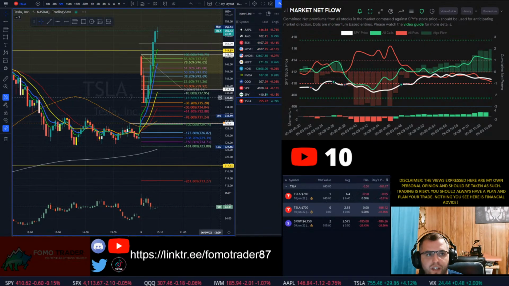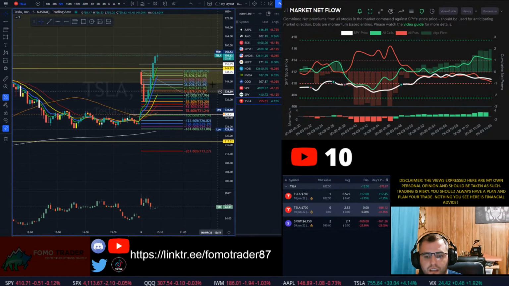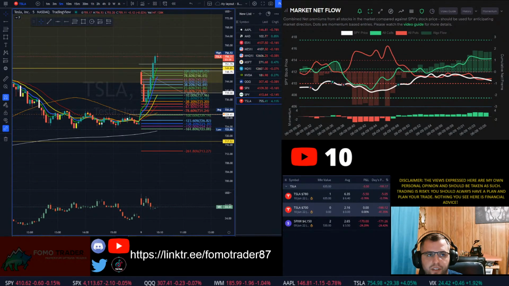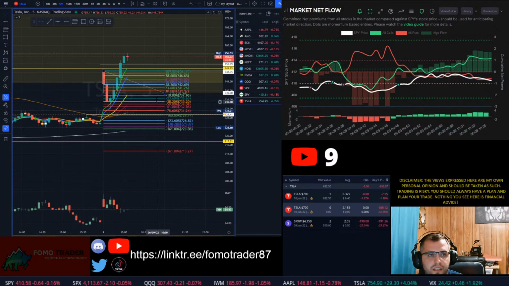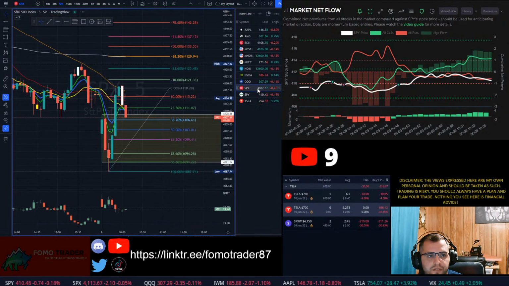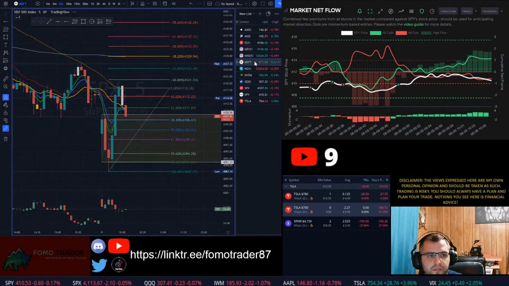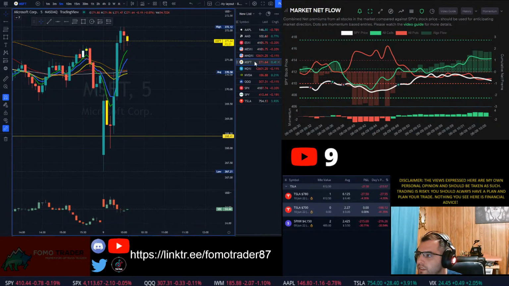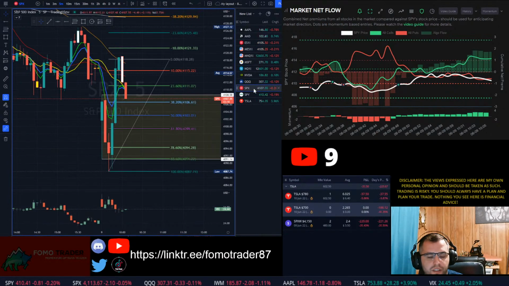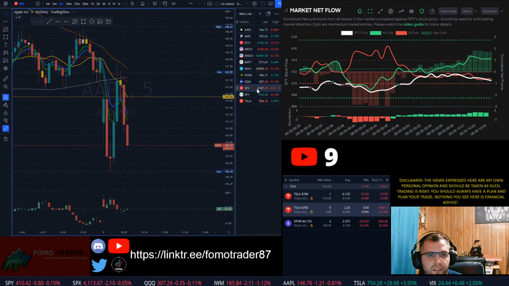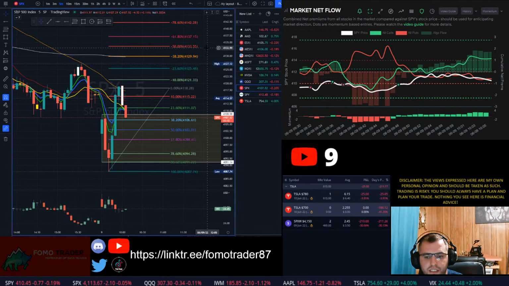Tesla trade is back green. Slightly green for a second. Microsoft holding pretty well. Apple is not selling off that hard, so I'm a little confused on why SPX is.